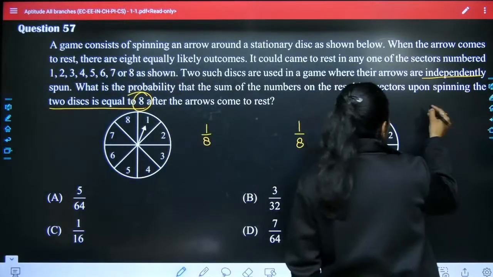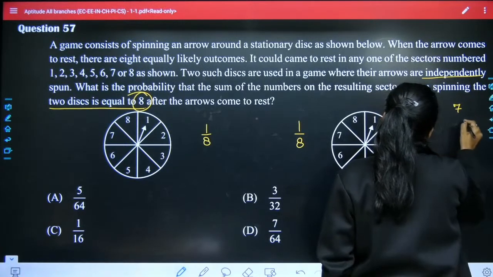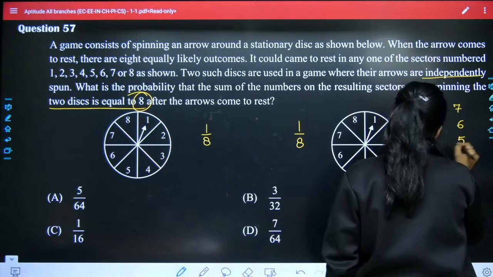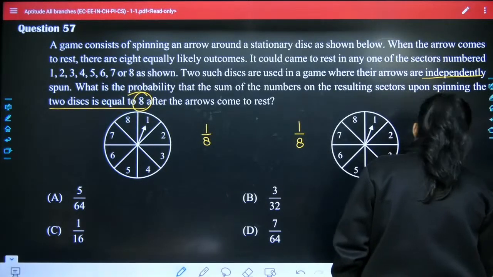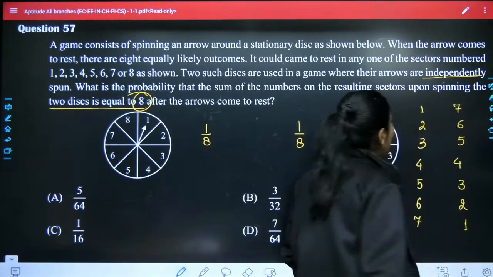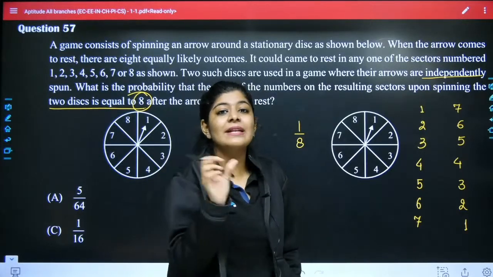Here we have a few cases: 1 and 7, 2 and 6, 3 and 5, 4 and 4, 5 and 3, 6 and 2, and 7 and 1. Here we have 7 different cases from which we can get the sum that is equal to 8.